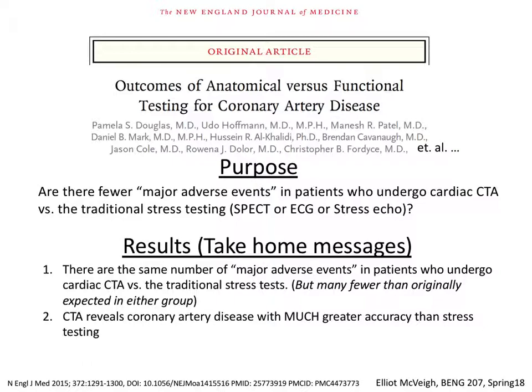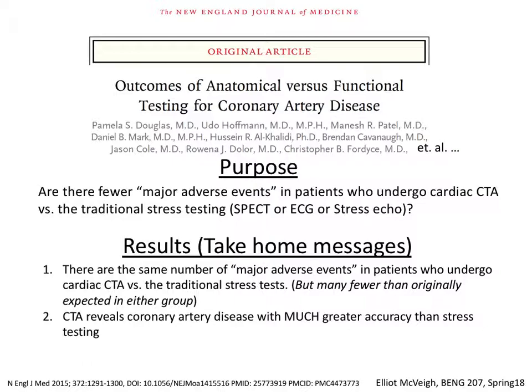So you come in and you have a certain probability of having heart disease. We're going to send half the patients to CTA, half the patients to traditional stress testing. And the benefit we're going to look for is, are there fewer events, right? Are there fewer heart attacks in the CTA arm than the traditional arm?